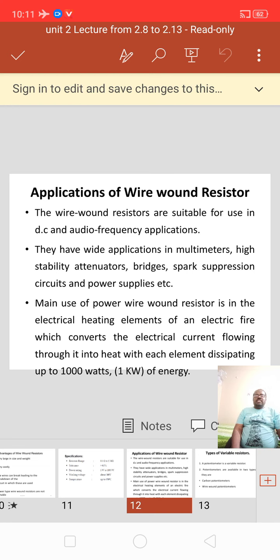It converts the electric current flowing through it into heat, with each element dissipating up to 1000 watts, that is 1 kilowatt of energy. Now please go through the applications for 2 minutes.